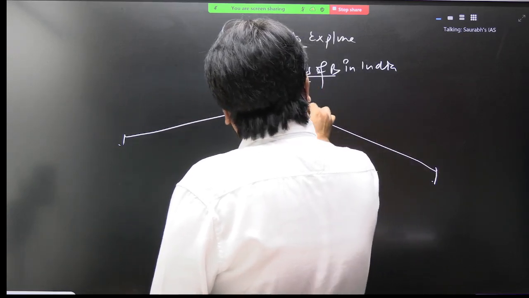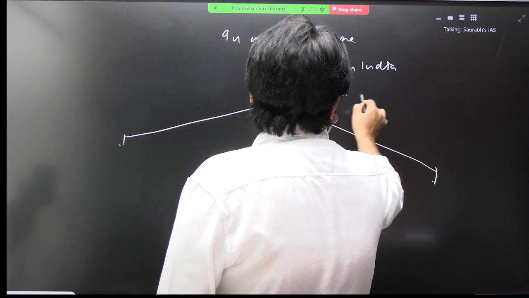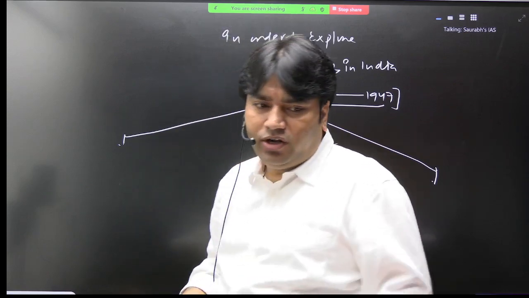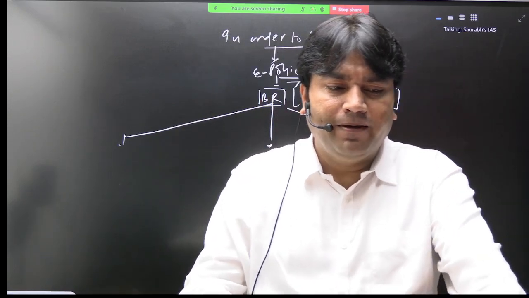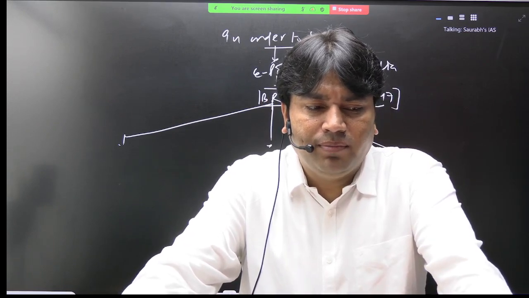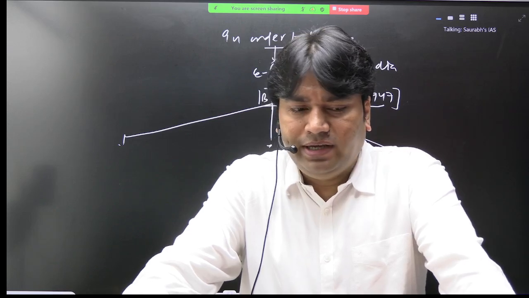So British rule phase is what? 1757 to 1947. यही पूरा का पूरा phase है. So we need to divide this phase again, so that we could understand what important developments took place in this period.